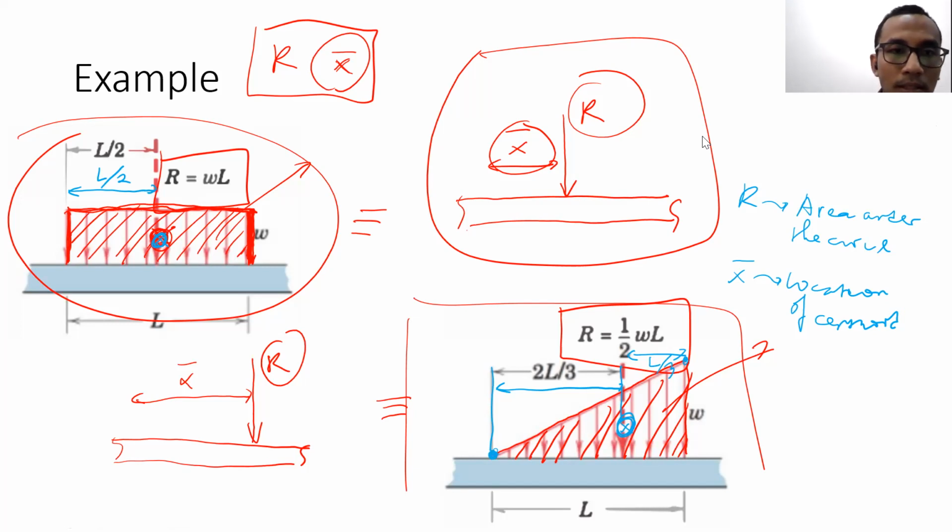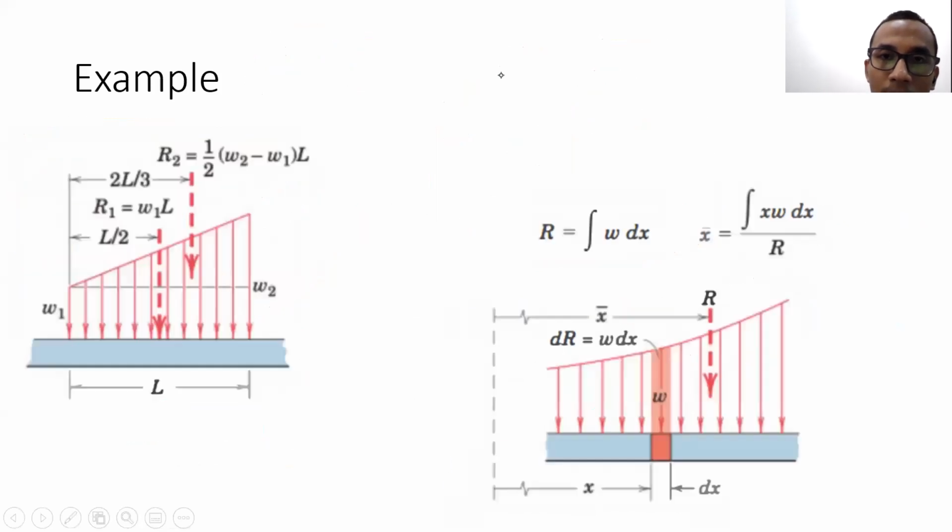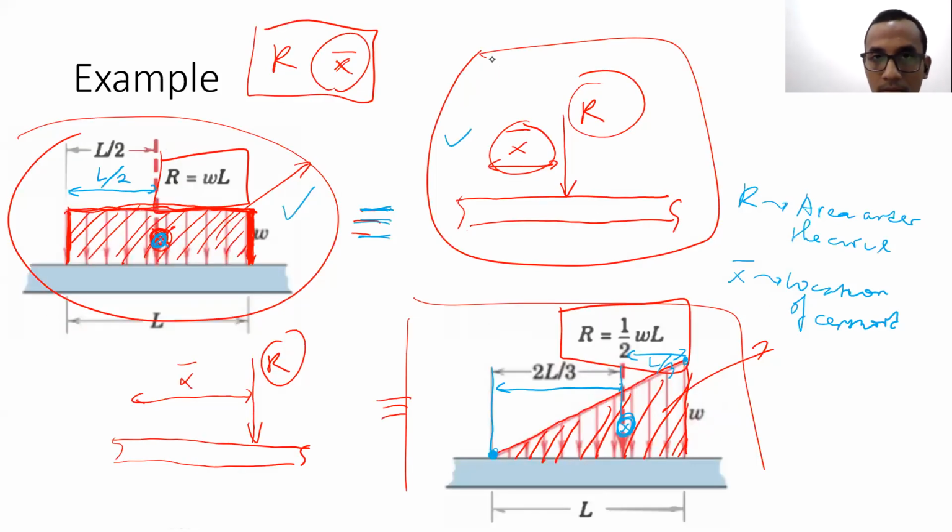Actually, this one and this one are the same, not exactly the same, but this thing can represent this one, the same as this one.